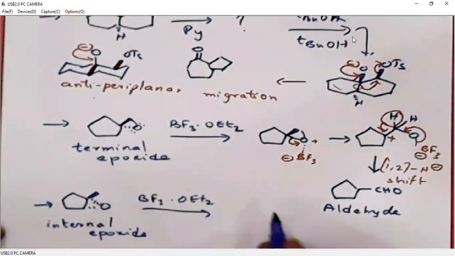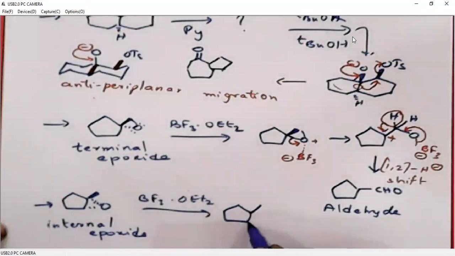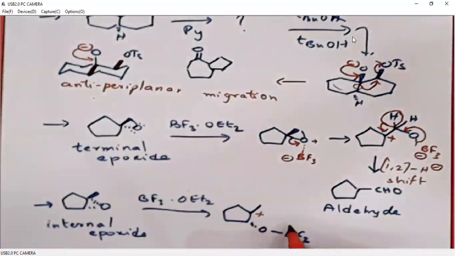Once this oxygen is activated by Lewis acid, of course, we generate this stable carbocation, right? When this bond is breaking and we are generating a carbon-oxygen double bond, one of the hydrogens available on this carbon will undergo a 1,2 hydride shift.